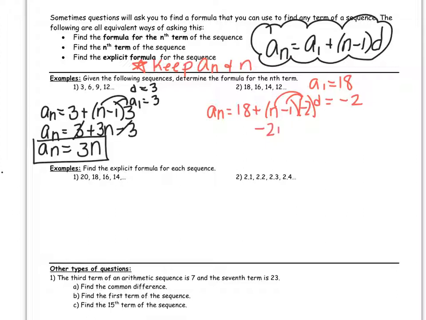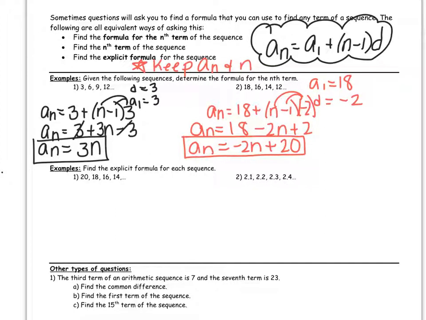Distribute that negative 2 in. And combine like terms. This is the formula that I could use to find any term of the sequence.